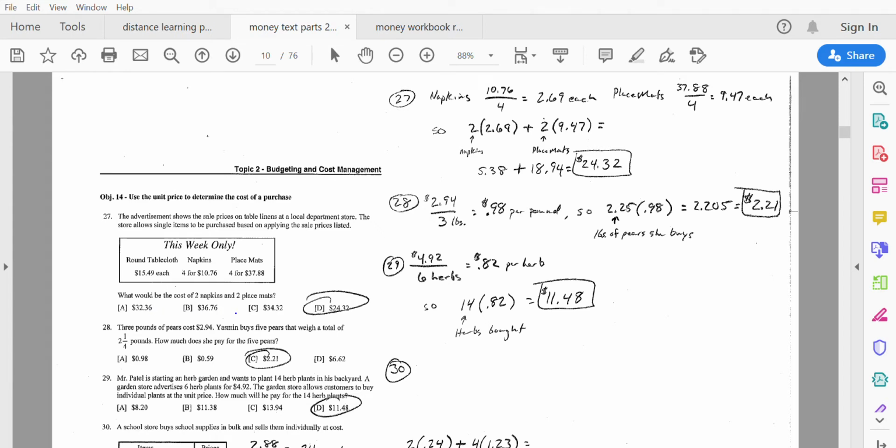The second bit of information you may want to use is that she's getting 5 pears. The number of pears really does not matter. It's the weight of the pears, and that is 2 1/4.